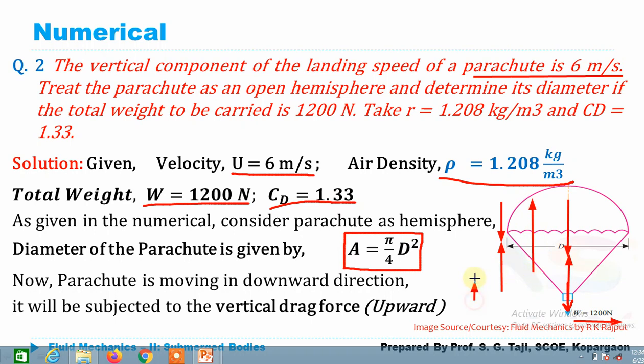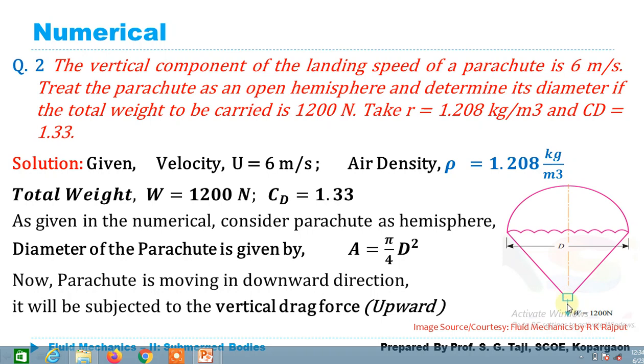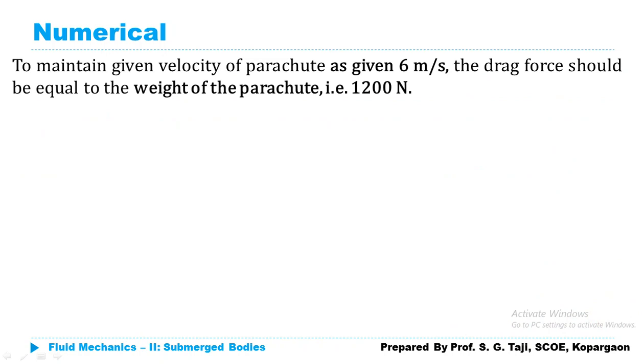If the drag acting in the vertical direction is less than the weight, then the speed of the parachute will increase in the downward direction, so it will become faster and reach the ground faster. So to maintain that velocity, we need to keep the drag and weight equal. I am going to use the value of drag in the drag equation as 1200 Newton, and calculate the diameter.